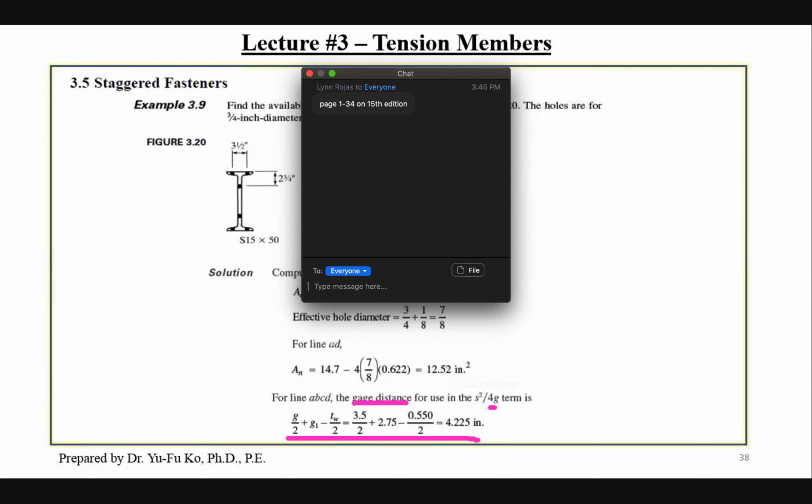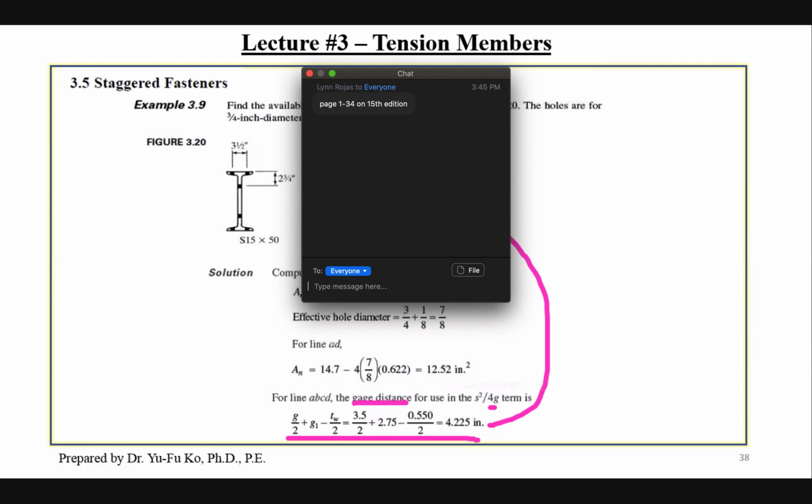So the G between A and B is 4.225, based on the previous slides that we just covered.